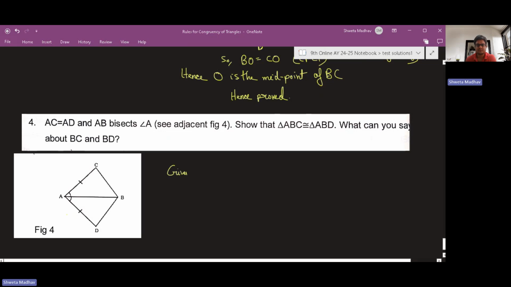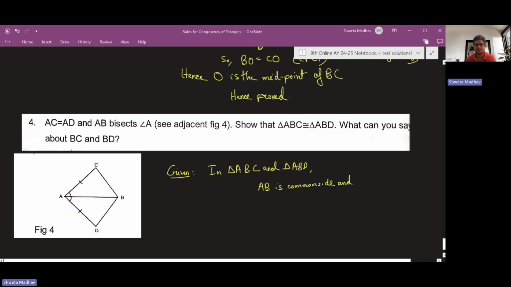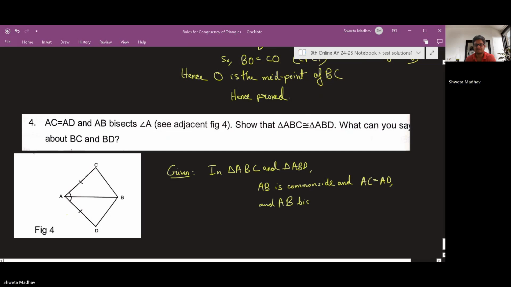So first we will write what is given. In triangle ABC and triangle ABD, you can see that AB is the common side, and obviously AC equals AD, which has been told, and AB bisects angle A. We have to prove that triangle ABC is congruent to triangle ABD, and tell something about BC and BD.